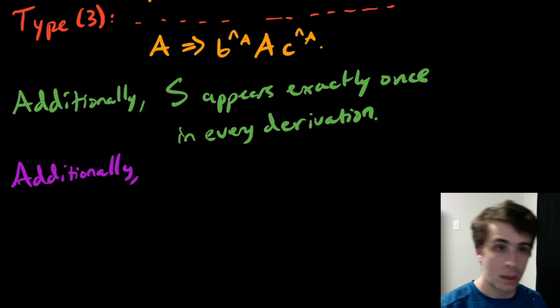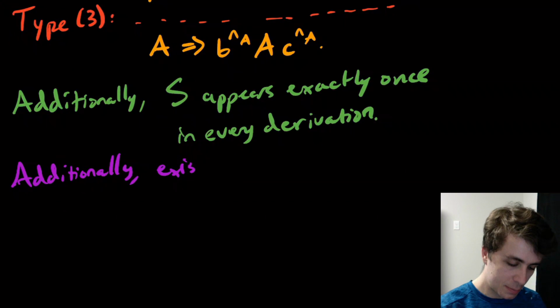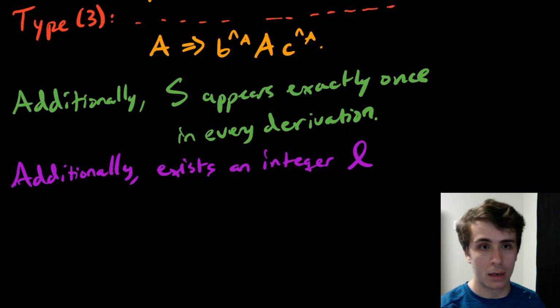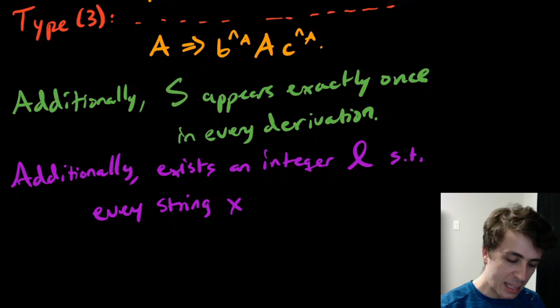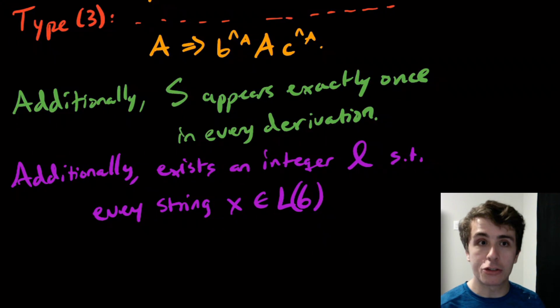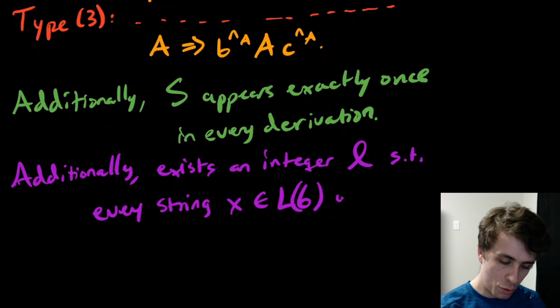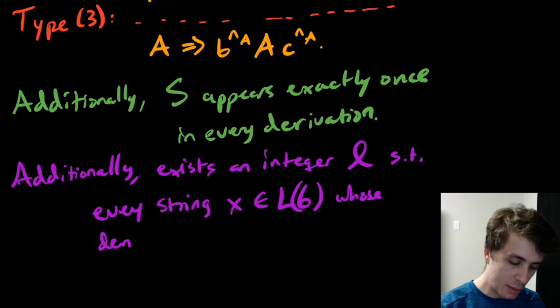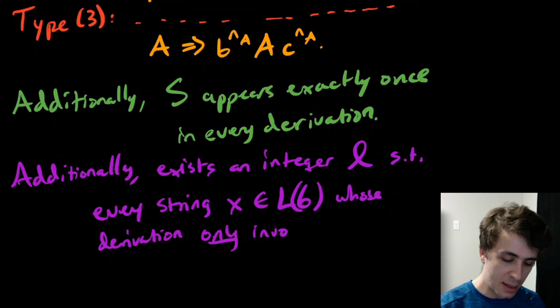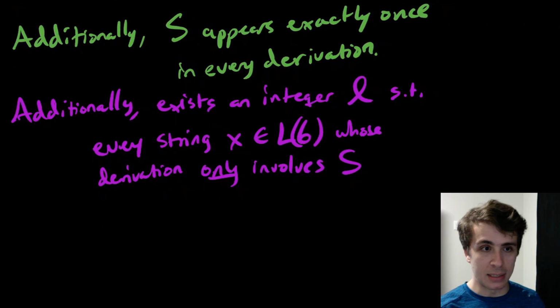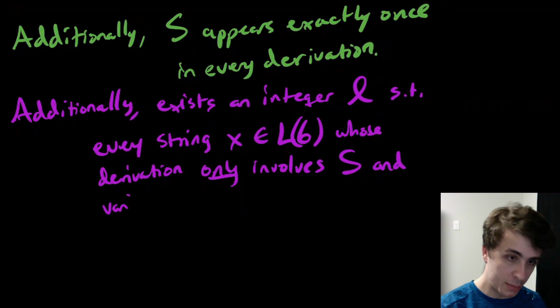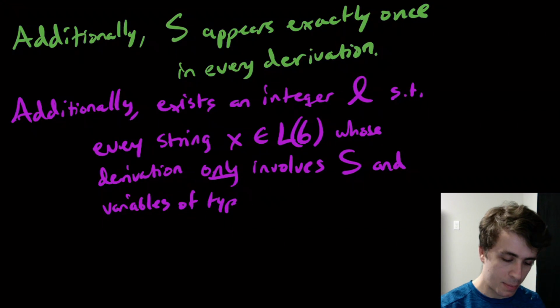So one more additionally, we have that there exists an integer, we're going to call it L here, such that every string X that can be made by the grammar, so any string that it can make at all, whose derivation only involves s, so it only involves the variable s right here, and variables of type 1.